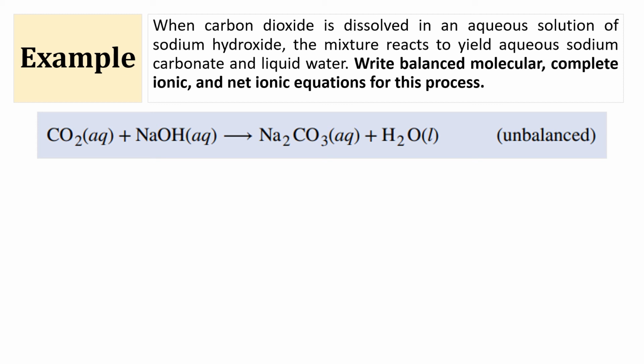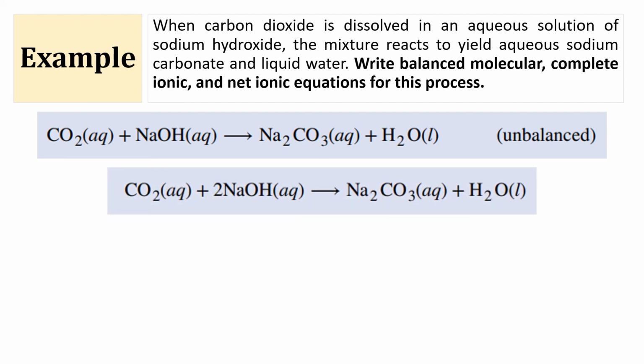Notice that this is an unbalanced equation. Balance is achieved easily in this case by changing the coefficient of sodium hydroxide to 2, resulting in the molecular equation for the reaction: CO2 plus 2NaOH gives Na2CO3 and water.